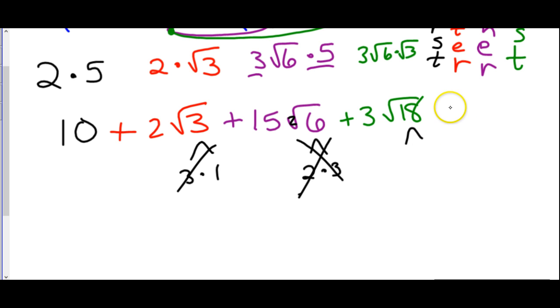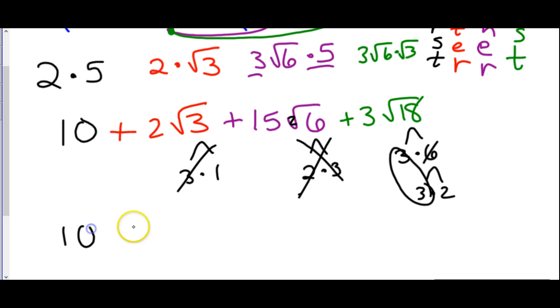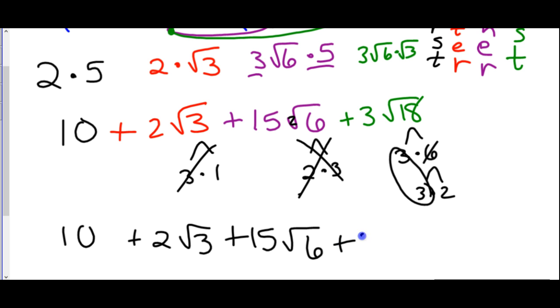Then 18, we have 3 times 6, and then 6 breaks down again to be 3 times 2. 6 is no longer used because we broke it down again. So we have a 3, a 3, and a 2. We're looking for groups of 2. So altogether we have 10 plus 2 square root 3 plus 15 square root 6 plus 3 times, we get rid of all of them except 1.